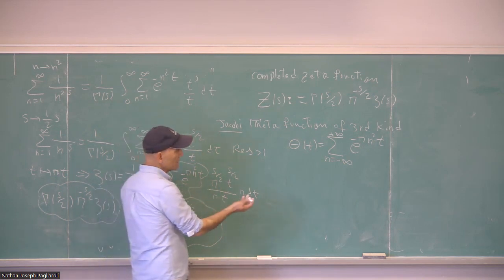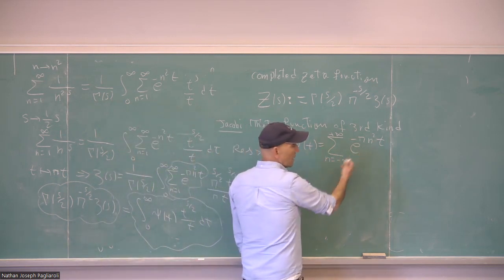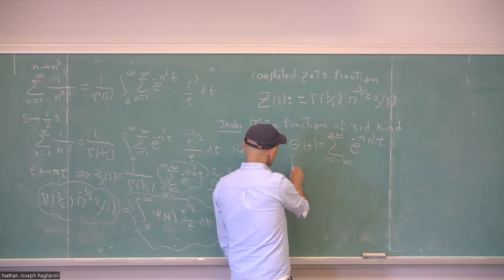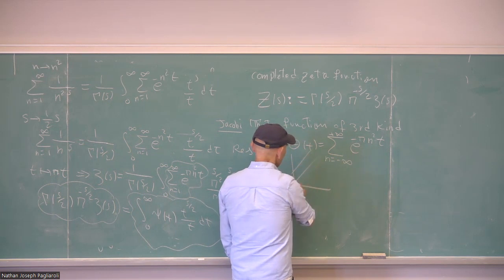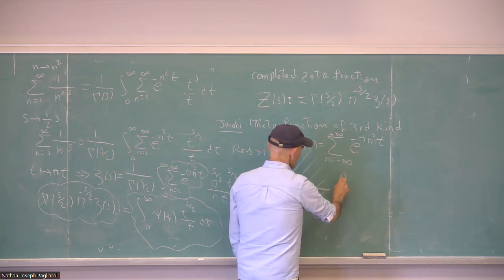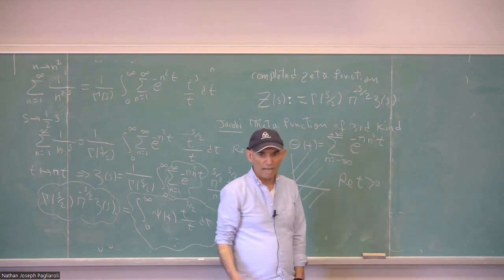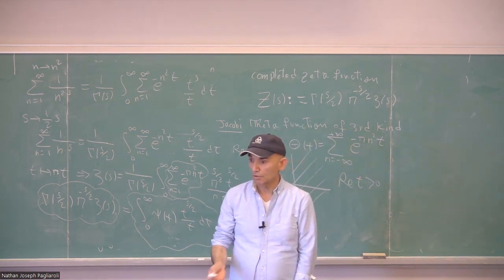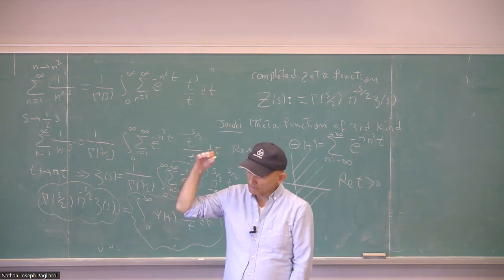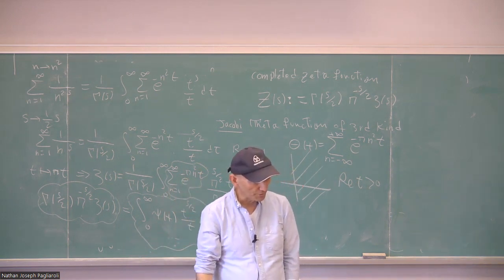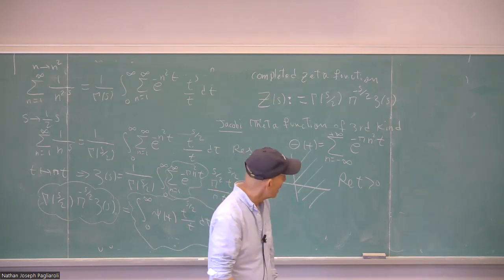But in reality, this function exists for all complex numbers whose real part is positive. And this series is actually a rapidly convergent series, because as n goes to infinity, this declines exponentially fast. The general term of the series goes to zero very fast.